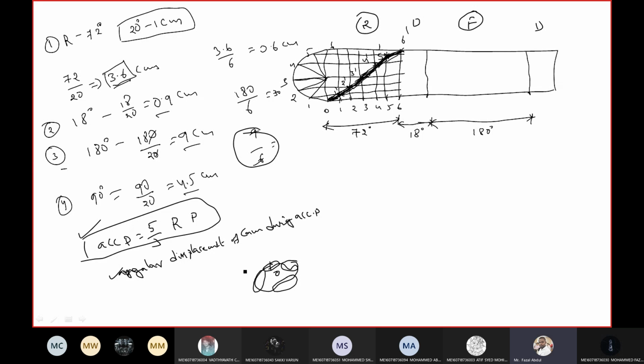If the cam has a uniform surface like this, then one is a rising period and one is a falling period, because the uniform surface is there. Here the surface of the cam is non-uniform. In this situation, you will face such types of problems.